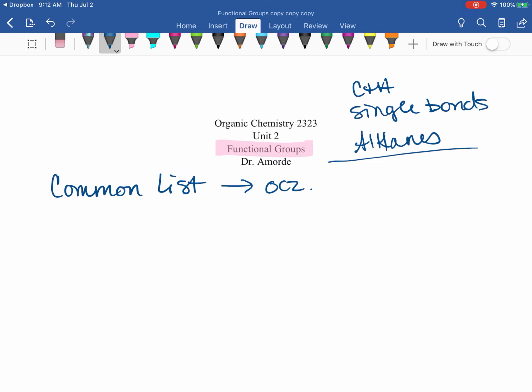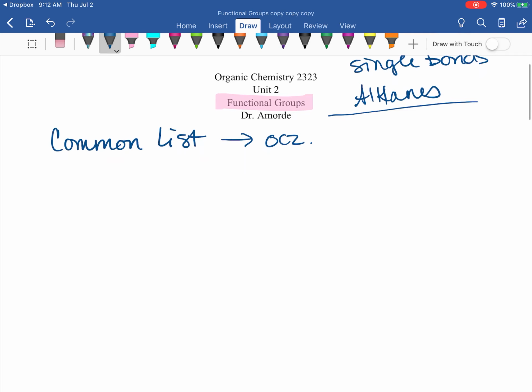So we have some basic functional groups that really are pretty stable and commonly found in nature. There's a lot of them, but 90% of our OChem 1 and our OChem 2 is going to come from this list. We may have the occasional reagent that veers off this list.